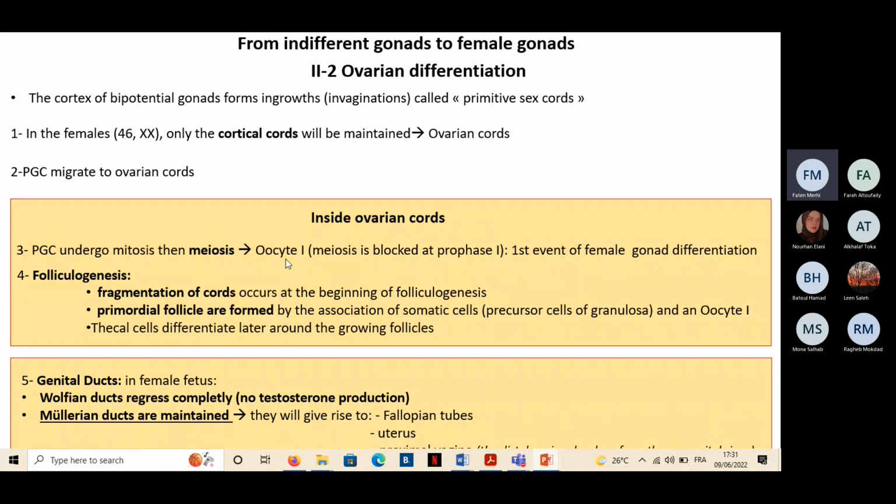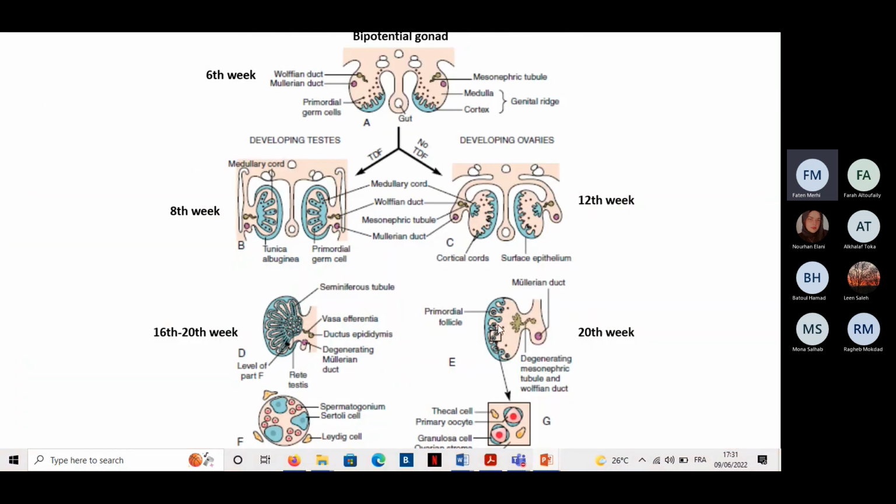And then those cords surrounding the primordial germ cells. So you have the primordial germ cells in red and the ovarian cords in blue. Those ovarian cords will undergo fragmentation to give separated cells, and those cells will surround those primordial germ cells.